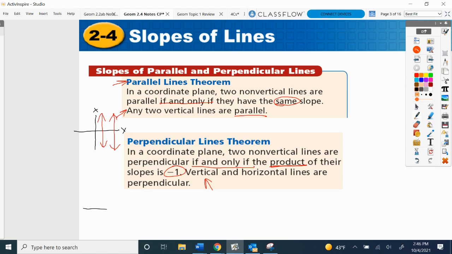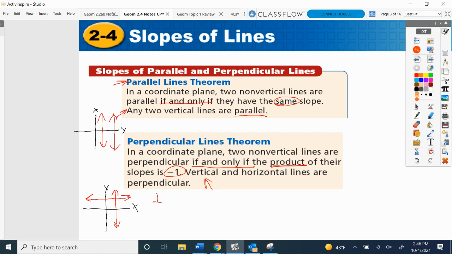Again, if we have a coordinate grid with our x and y axes, a perfectly horizontal line, and a perfectly vertical line, then we know those two lines are perpendicular. There's our perpendicular symbol.